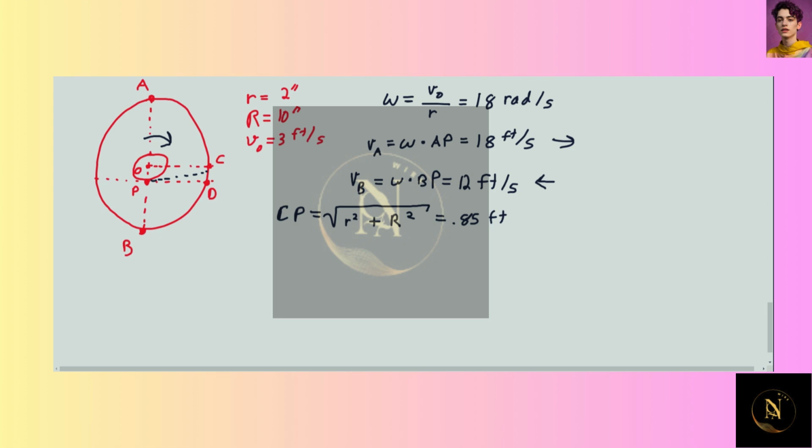When we put that in to find our velocity, we have our velocity is omega times CP. Omega was our 18 radians per second times 0.85 feet gives us roughly 15.3 feet per second.